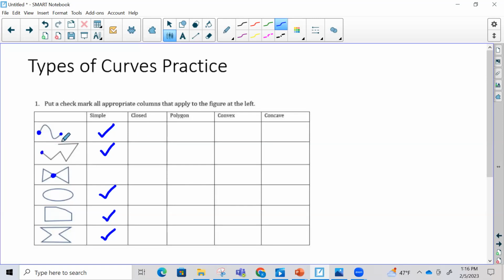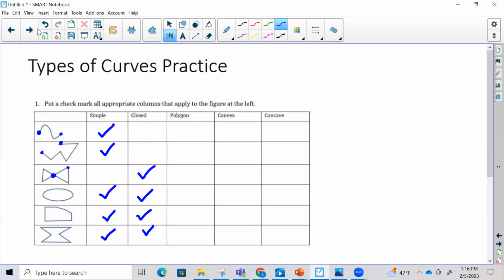This one starts here and stops here, so that's also not closed. This one, whatever point you pick, it starts, and if you trace the curve, then you would also stop there. So this one is closed. This one is also closed. Same with the last two, would also be closed because they all start and stop at the same point. You could pick one point and trace the curve, and then you're going to get back to that point.